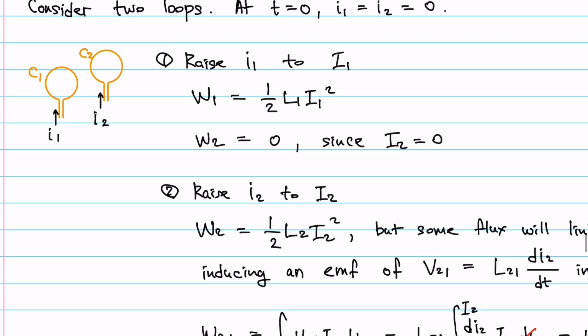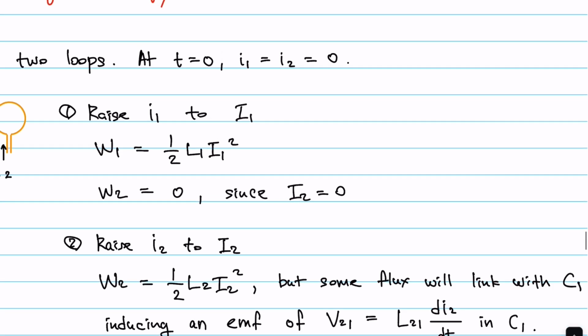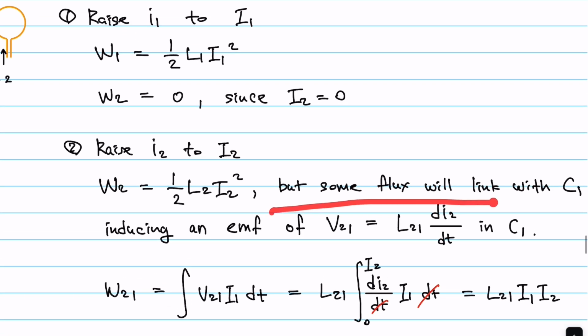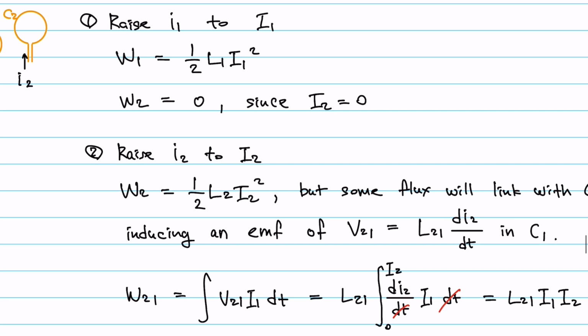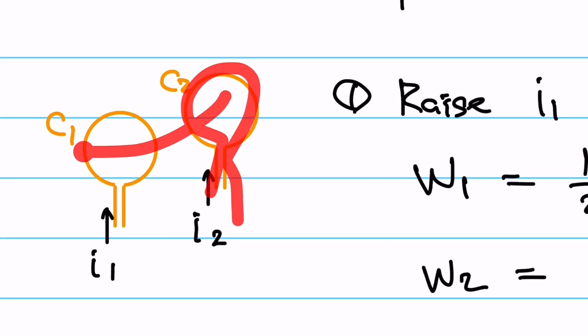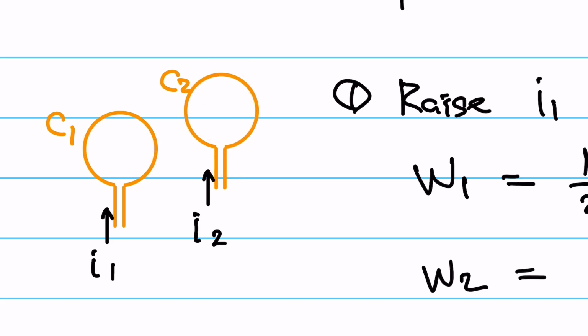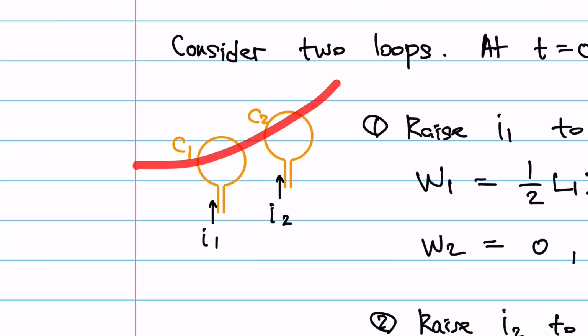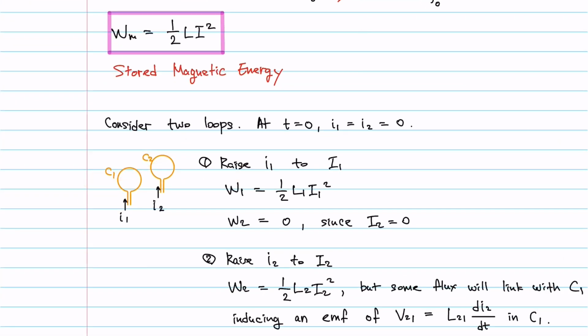But when you do this, some of the flux generated by I2 will come out and link with C1. And when the flux links with C1, because there's a variation in flux, you induce a voltage.